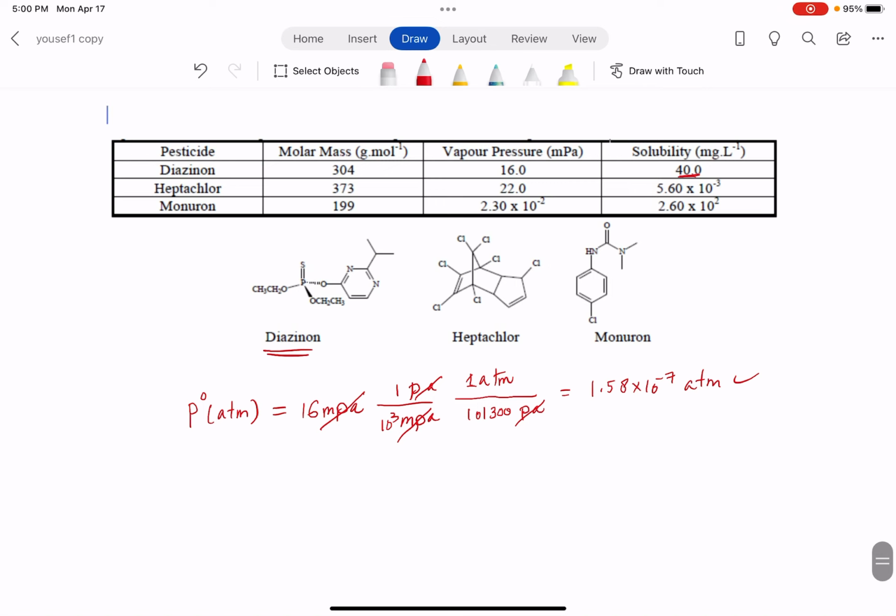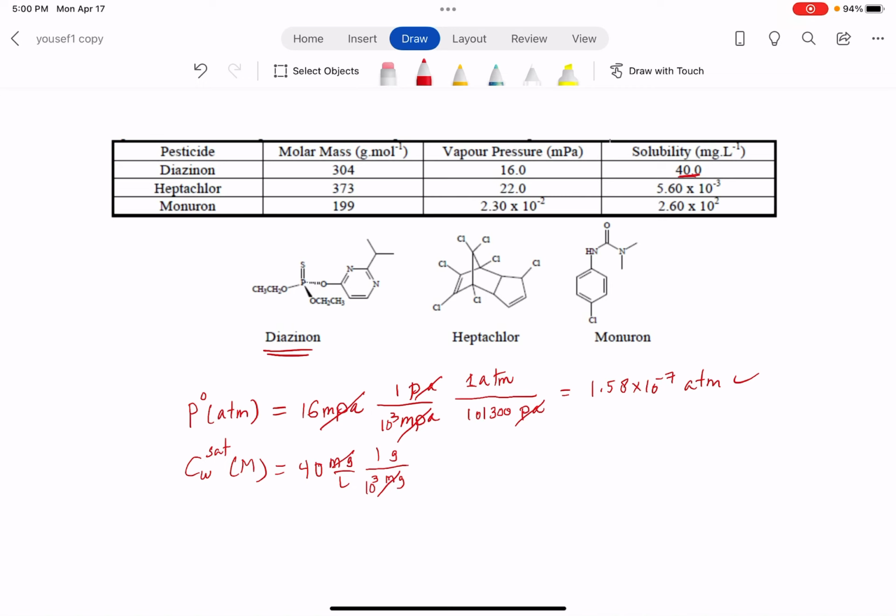So the solubility, C water sat, in molarity is 40 milligram per liter. Let's convert milligram to gram, because the molecular weight is in gram per mole. You know 1 gram is 1000 milligrams, so milligram cancels with milligram.